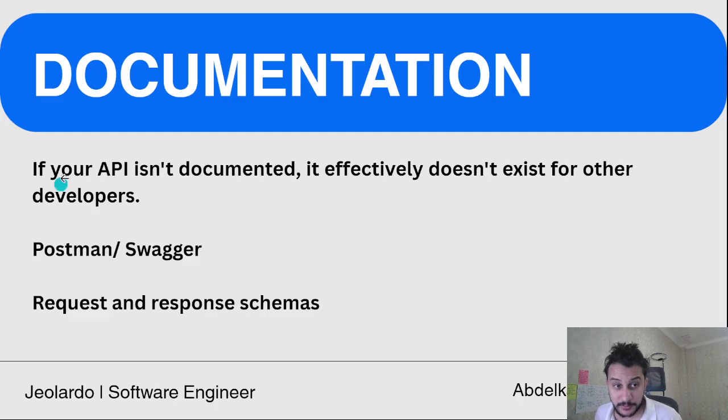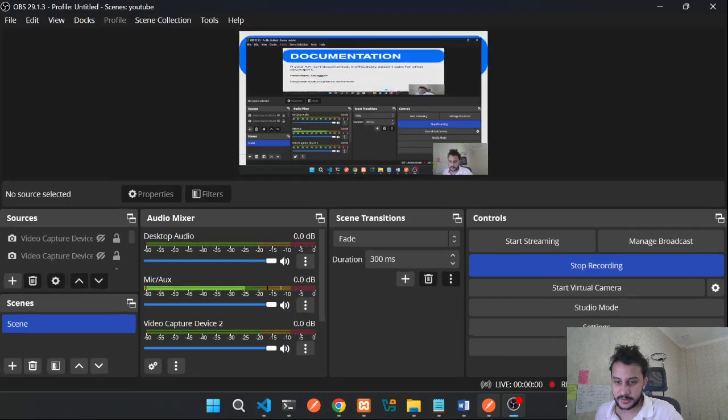The documentation allows other developers to understand your API easily and fast without asking you what this returns, how I can send a request, what is the format of your request. Here you can use Postman or Swagger. Postman is a popular tool to build APIs, test your API, and make documentation of your API.